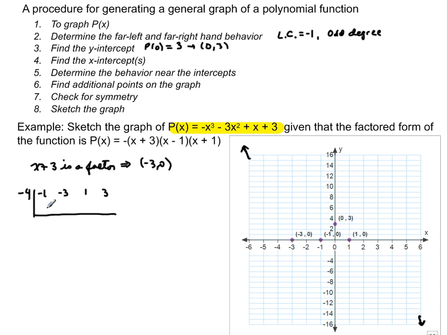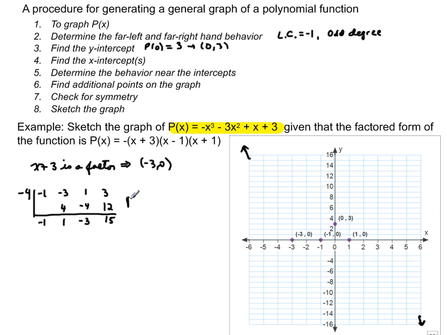Carrying it out, carry down my negative 1, multiply, add down the column, multiply, add down the column, and then multiply again, and add down the column gives me positive 15.